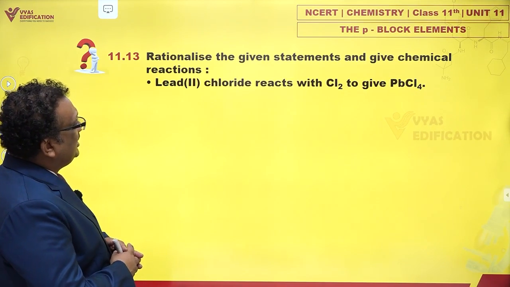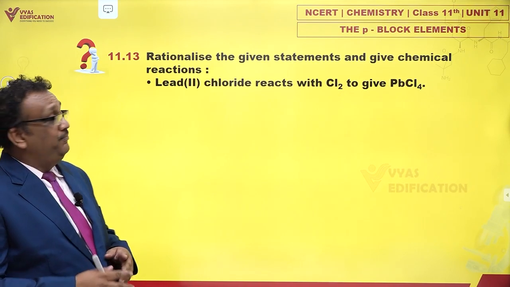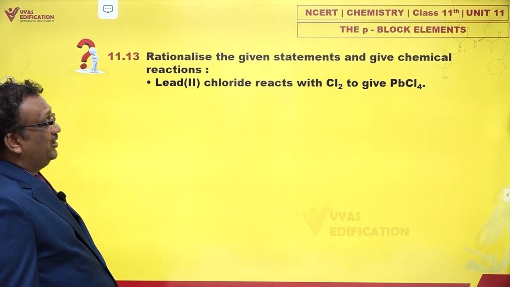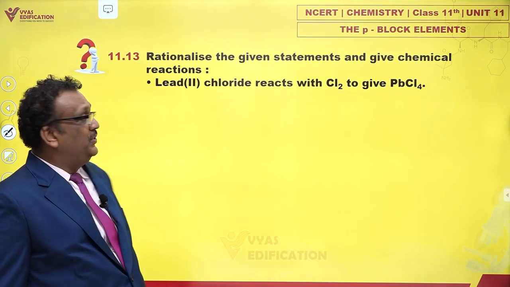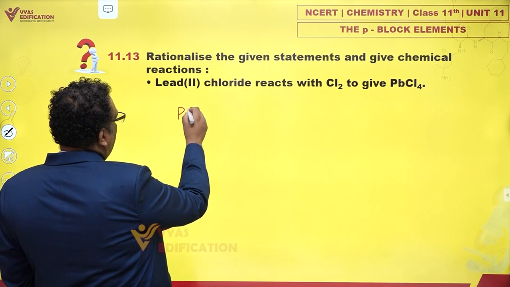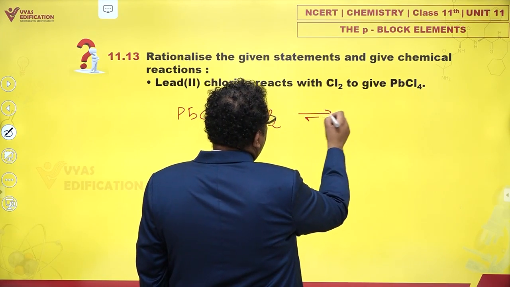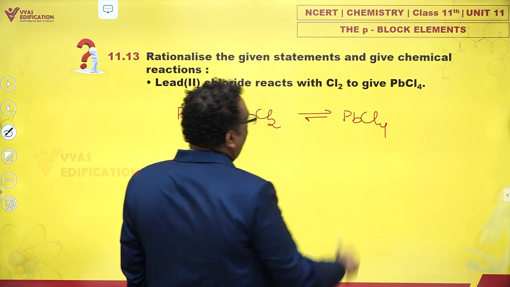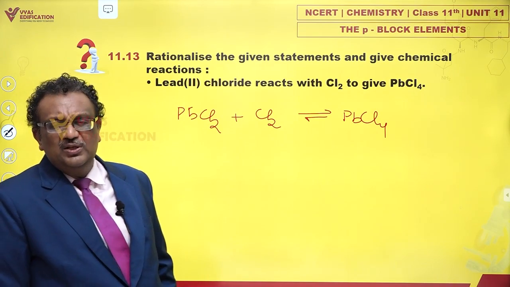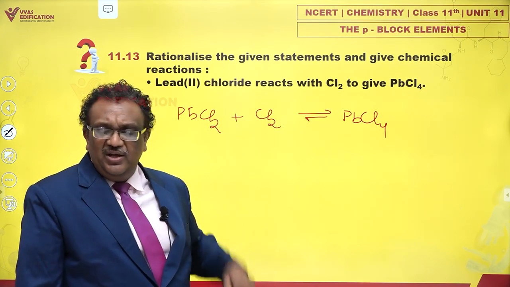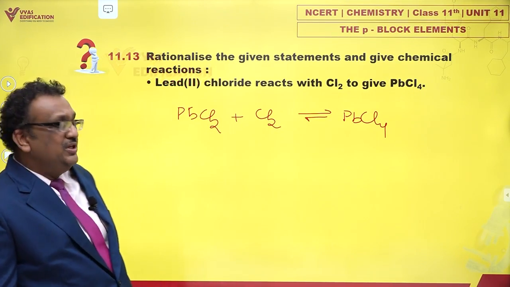Rationalize the given statements and give chemical reactions. Lead chloride reacts with chlorine to give PbCl4. First of all, let me give the reaction to you. PbCl2 plus Cl2 gives PbCl4. Is this possible? Yes, it is possible. What happens here?